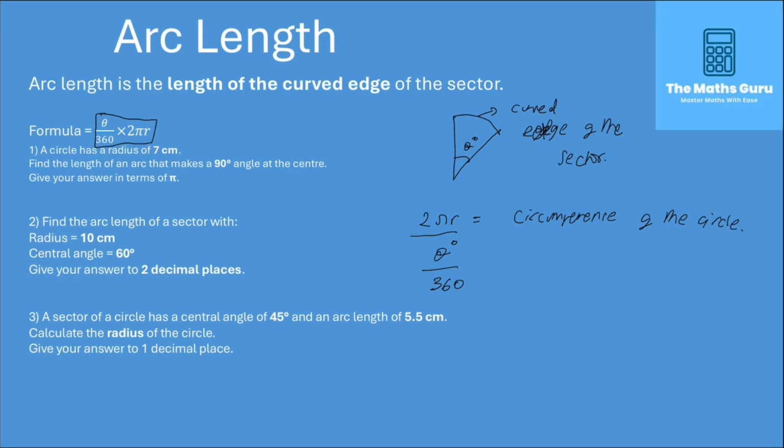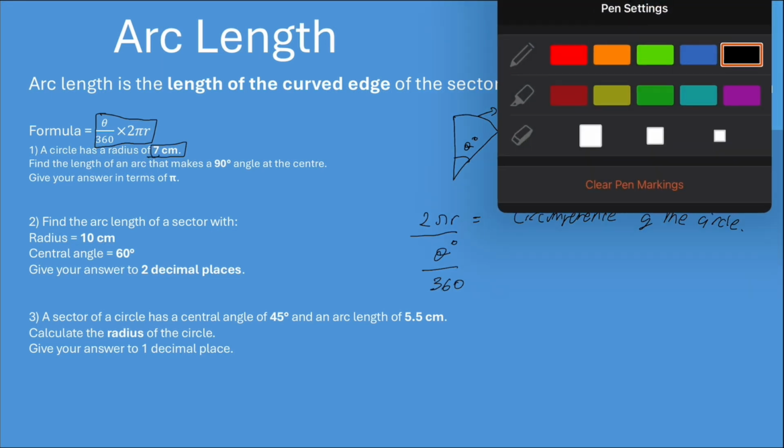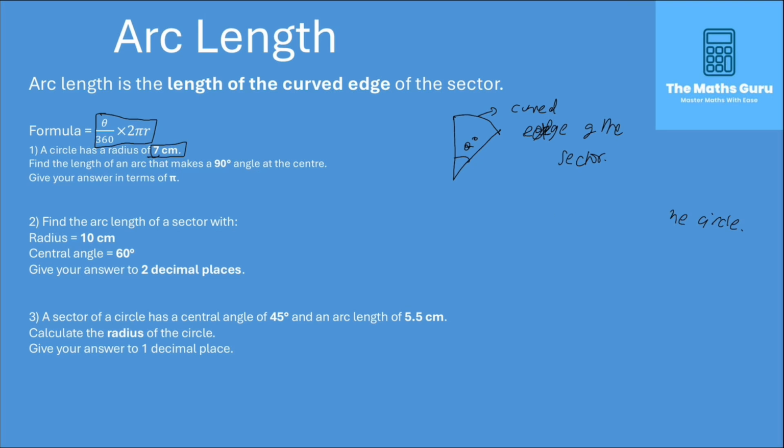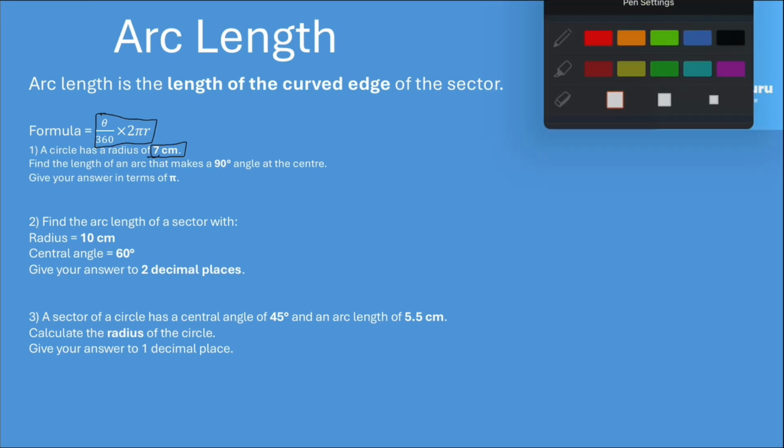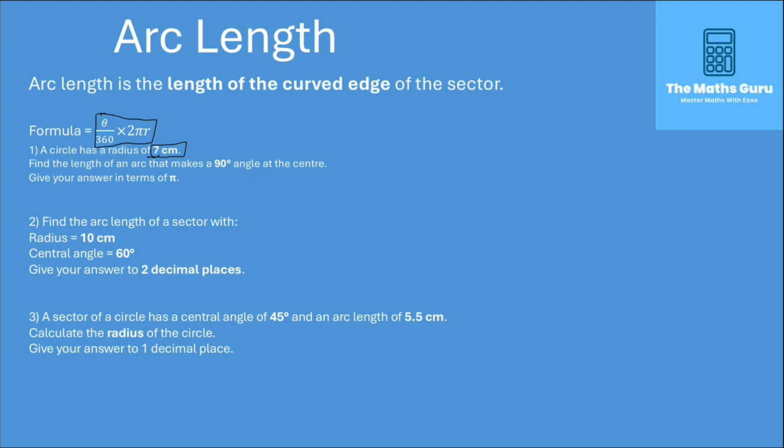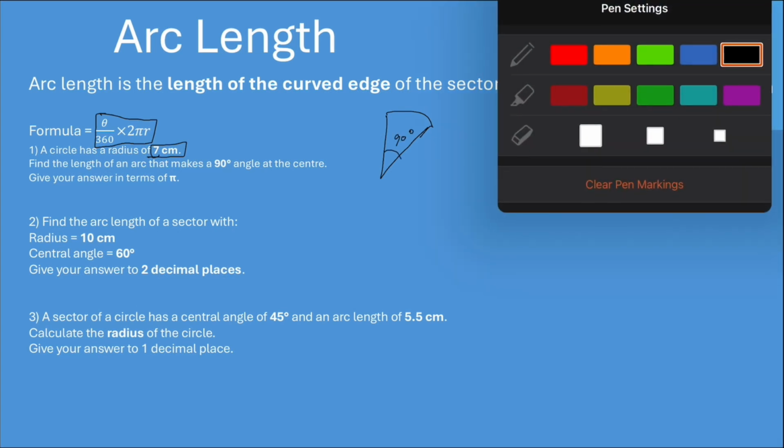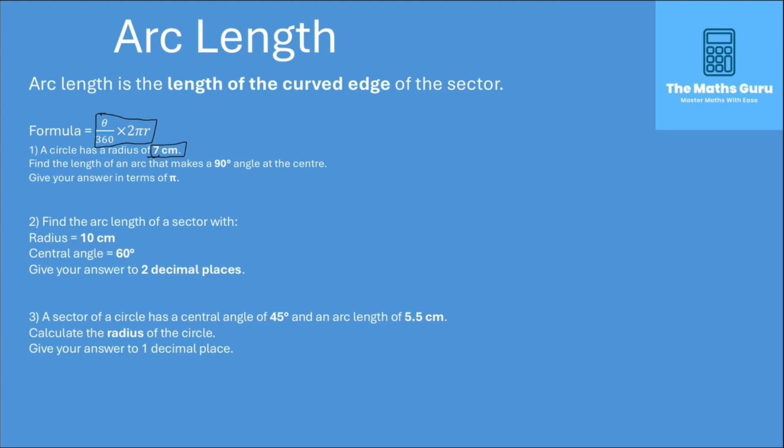Looking at the first question: a circle has a radius of 7 centimeters. Find the length of an arc that makes a 90 degrees angle at the center of the sector. A better representation would look like this, but this is going to be 90 degrees, and the radius is 7 centimeters.